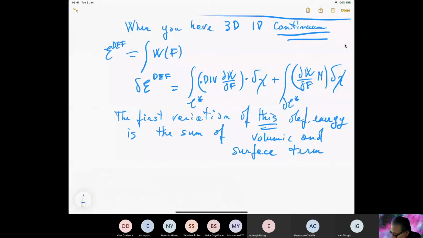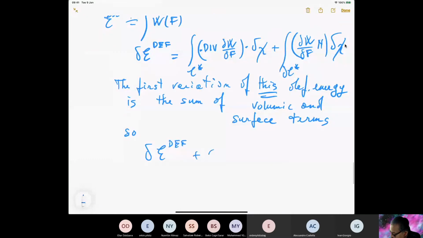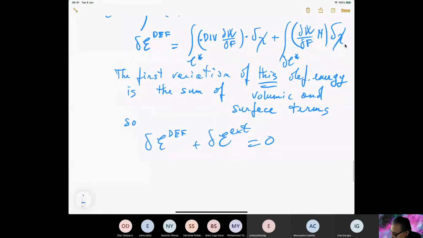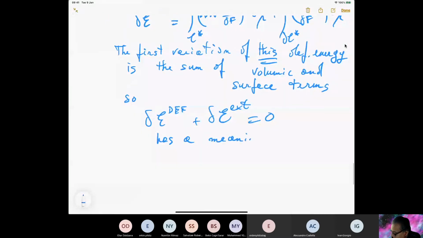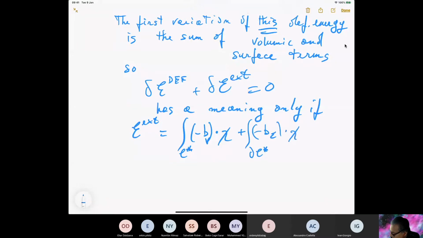So delta E def plus delta E ext equals 0 has a meaning only if E ext is integral of minus B dot chi on the volume, B volume, plus integral on the boundary of C star of B surface dot chi on the surface.